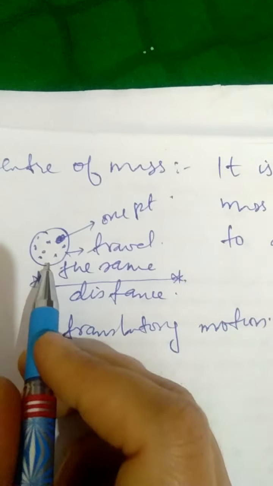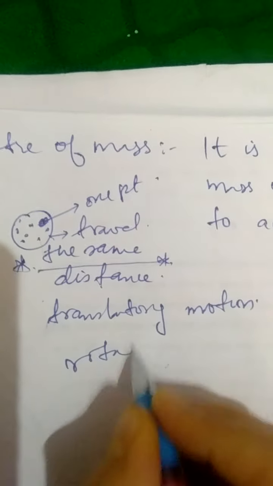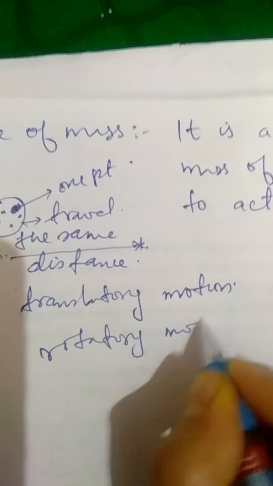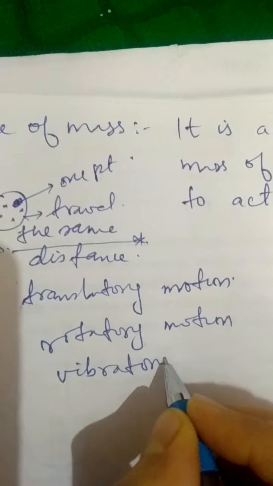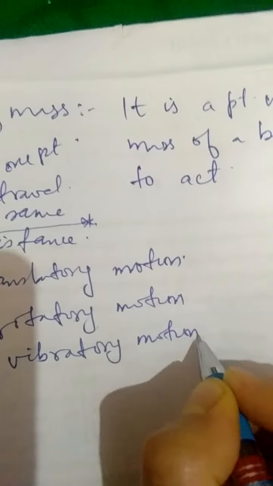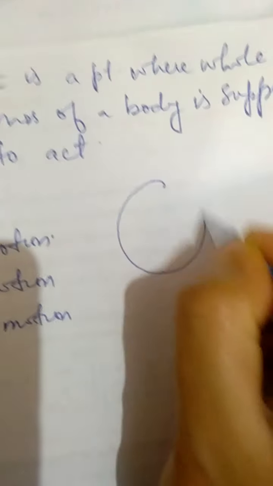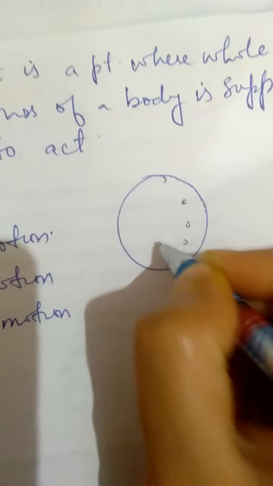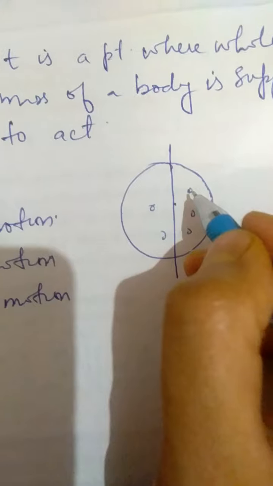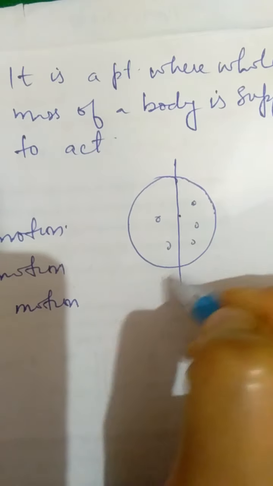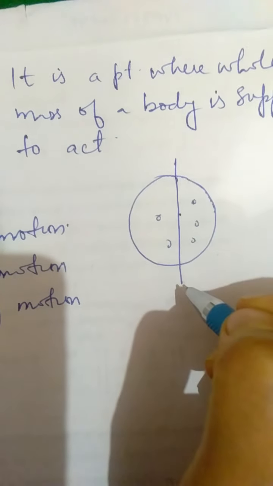But if the body exhibits a rotatory motion or a vibratory motion, then we understand that not all particles of the body are at the same distance from the axis of rotation. Therefore, we cannot describe the motion of this body by choosing any point, because these points are at different distances from the axis of rotation.